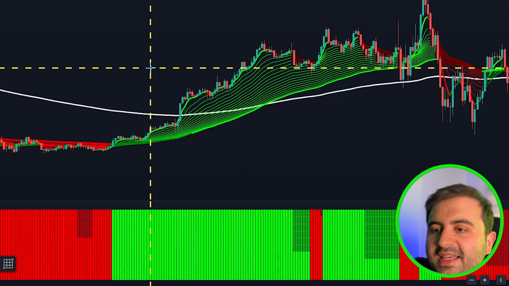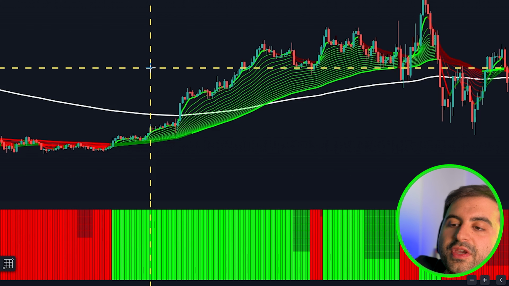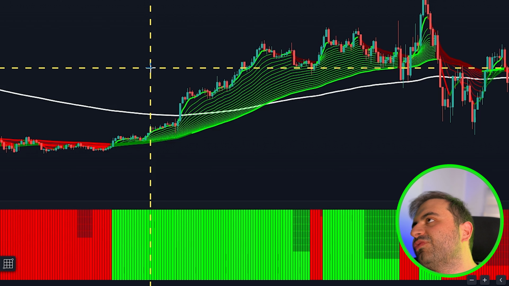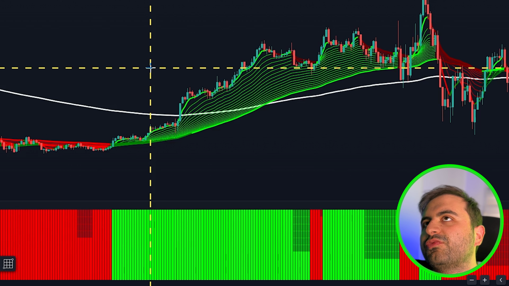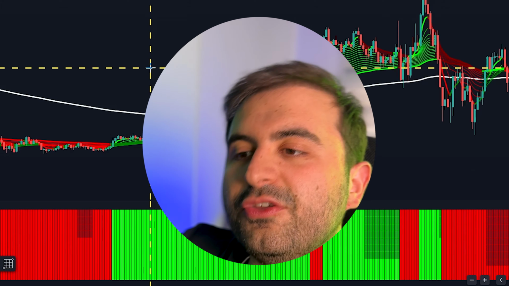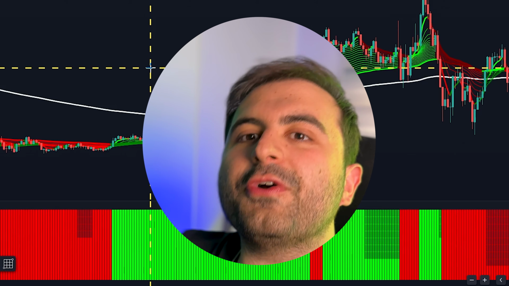So with that layer, we will eliminate most of these false signals. Of course we will get some false signals, of course we will hit the stop loss, but at the end of the day, we are trying to increase our profit here. With this layer, you will do that. So I hope you guys understand.